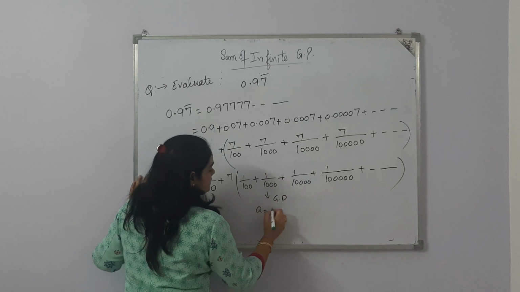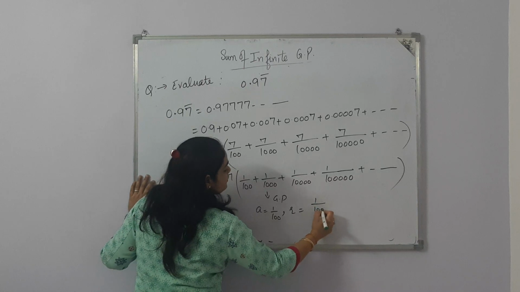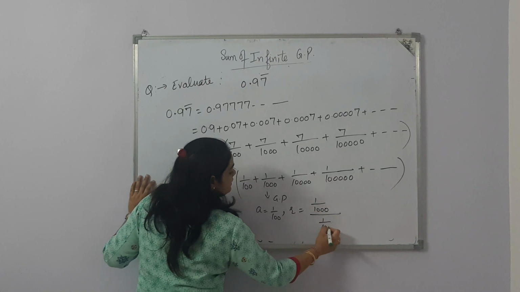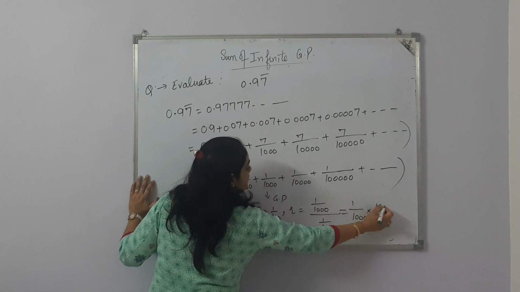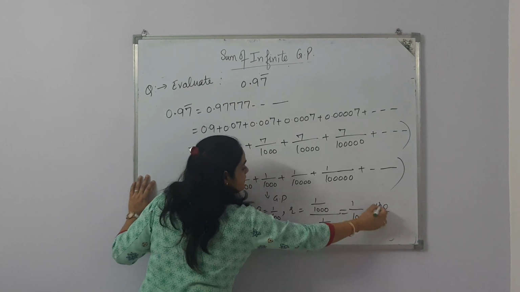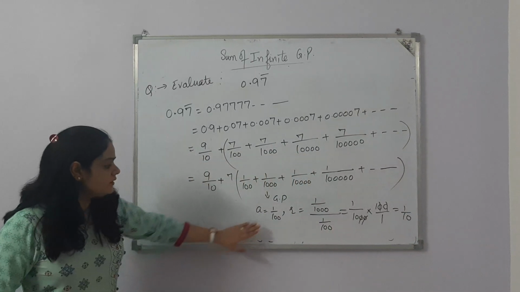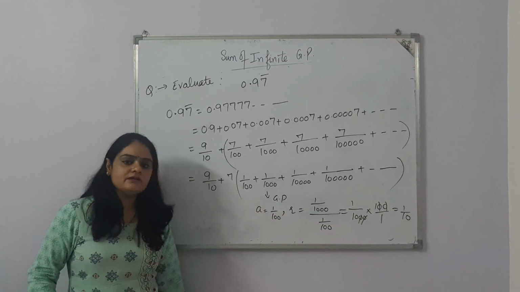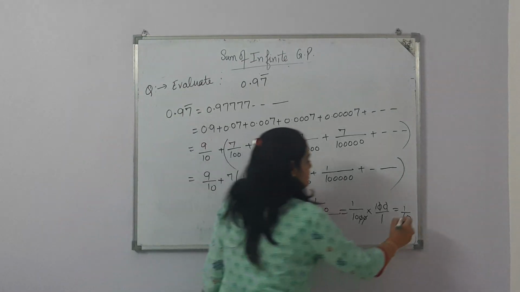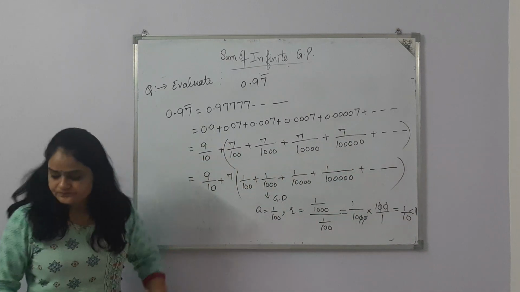What is A here? It is 1 by 100. R is 1 by 1000 whole upon 1 by 100. So 1 by 1000 multiplied by 100 by 1 becomes 1 by 10. So A is 1 by 100, R is 1 by 10, which is less than 1. So can we apply the formula of infinite GP sum?